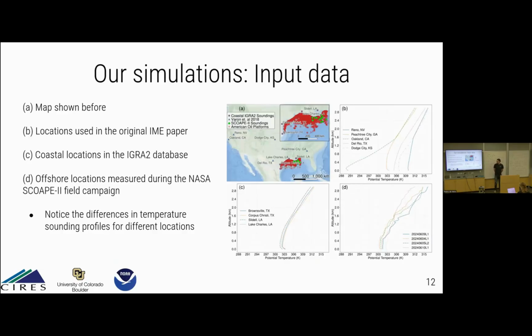The thing is, we simulate methane as a tracer gas. So we assume that it does not have any effect back on the atmosphere, and it does not interact with other chemicals.